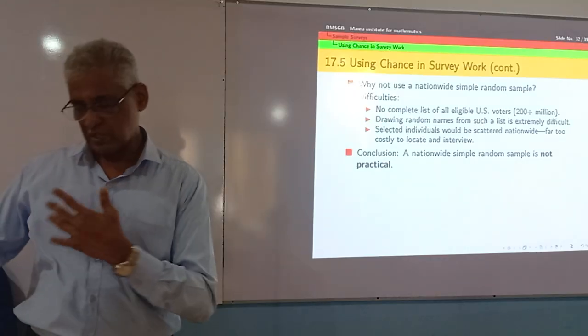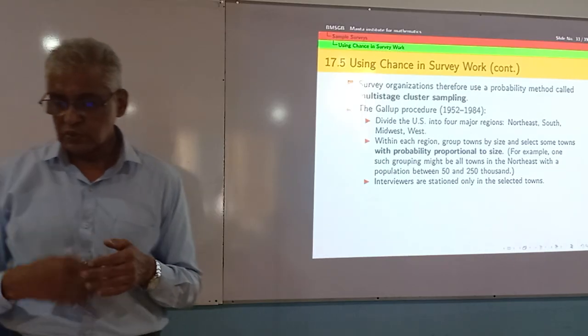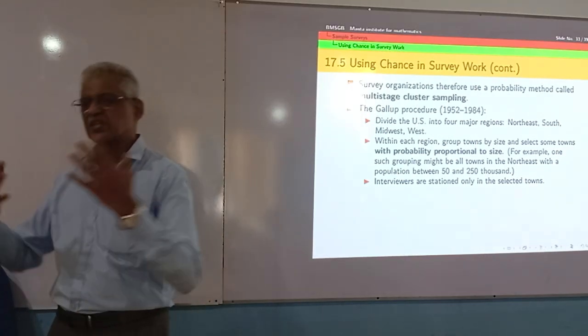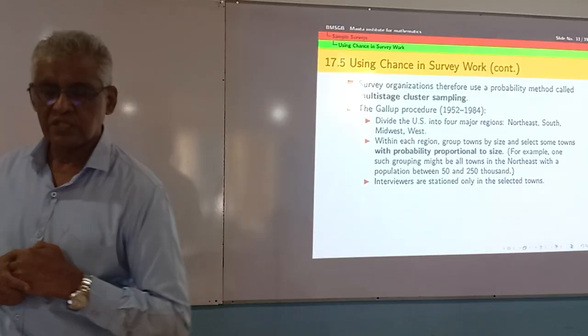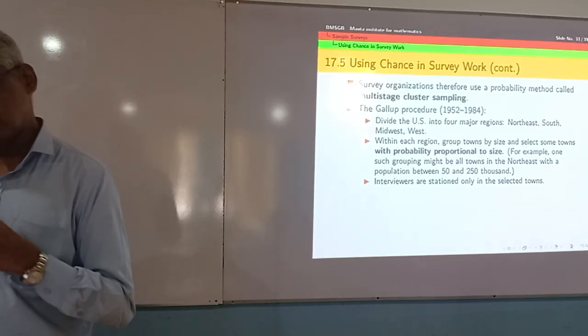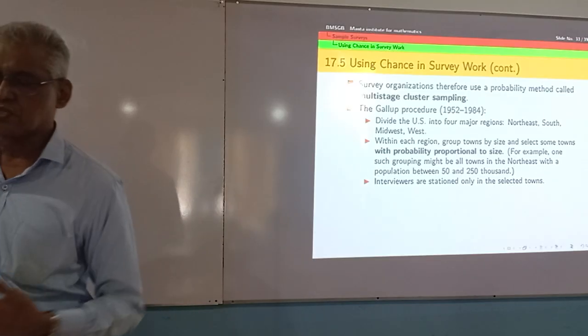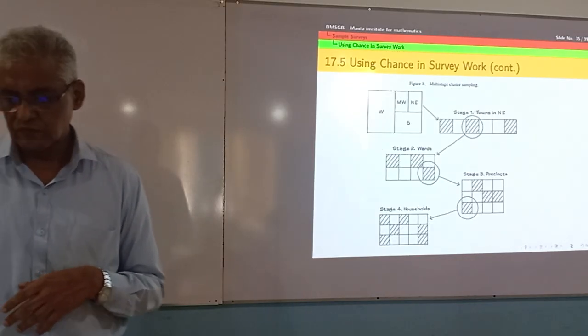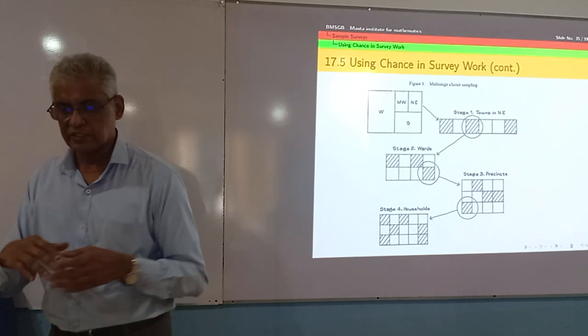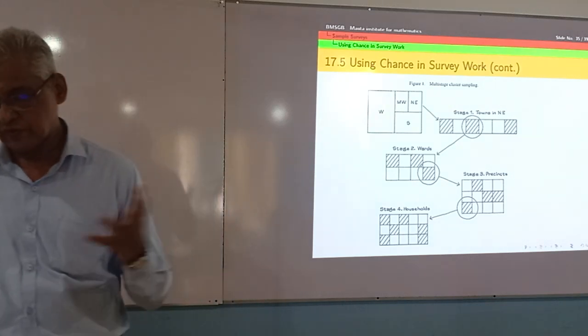Therefore, as I mentioned earlier, people usually use a combination of random sampling methods called multi-stage sampling, mainly multi-stage cluster sampling. So for example, the population is divided into several provinces.